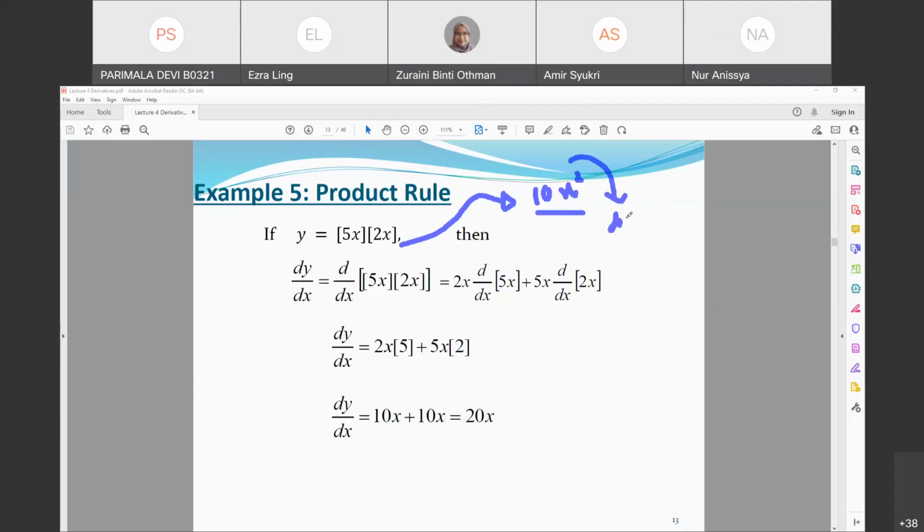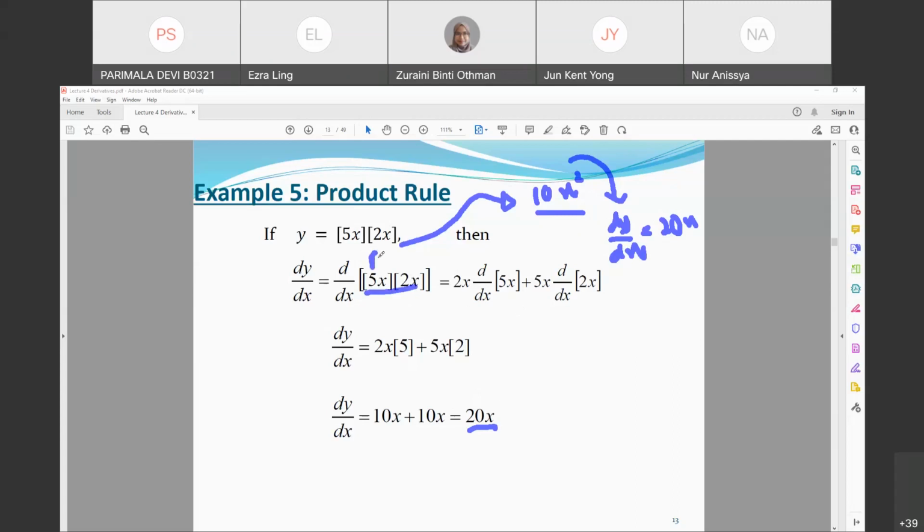Kita bezakan dy over dx, we get what? 20x. Finally we get 20x. But this kind of question dia nak nampak the product rule tu. Okay, sebab kita belum masuk rule of ln, rule of exponent. Okay, sebab tu dia guna equation biasa je.